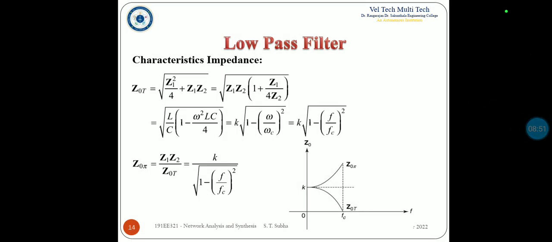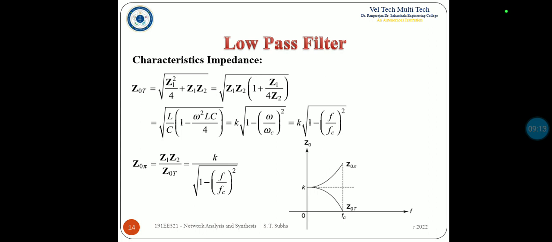Next, we can derive the characteristic impedance for the low pass filter, both for T section as well as pi section. Characteristic impedance for T section is given by Z0T is equal to square root of Z1 square by 4 plus Z1 into Z2.